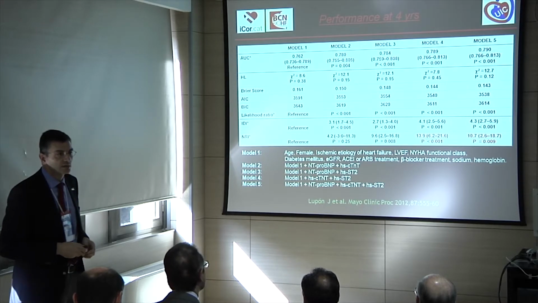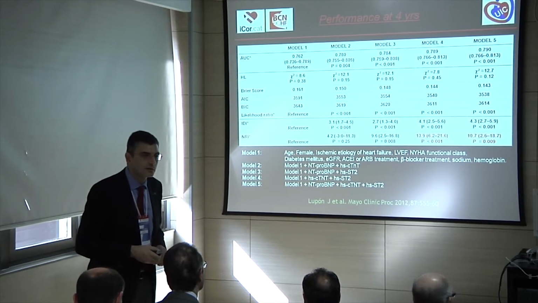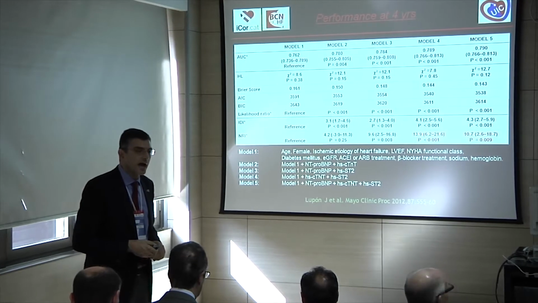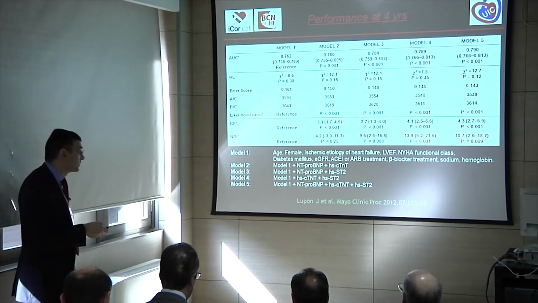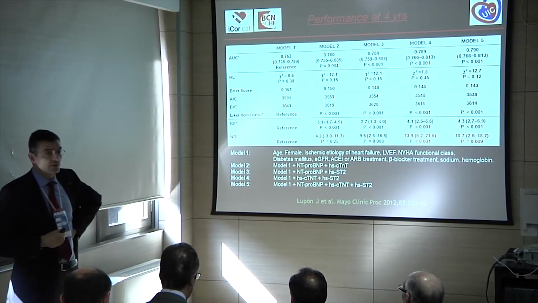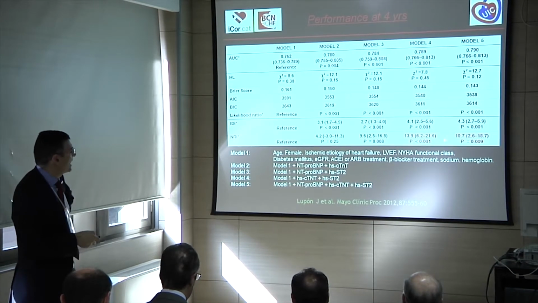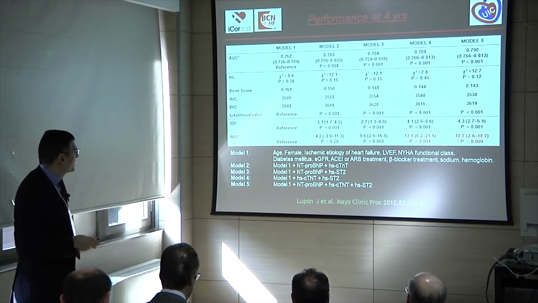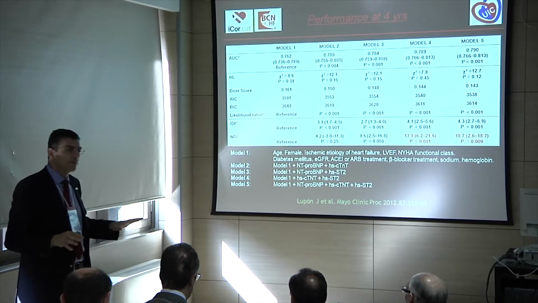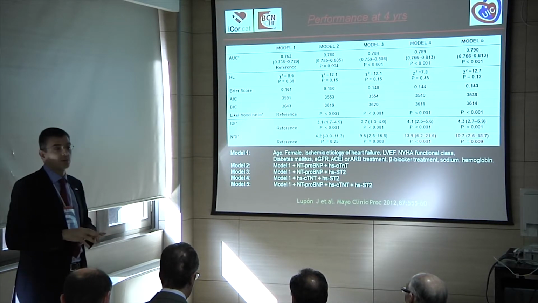So what do you think reduces the efficiency of reclassification? We don't have a clear answer for that, but we believe that these three biomarkers, which apparently are approaching different pathways, may have some degree of overlapping.